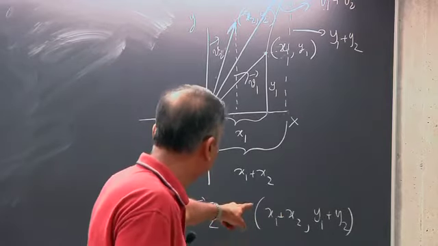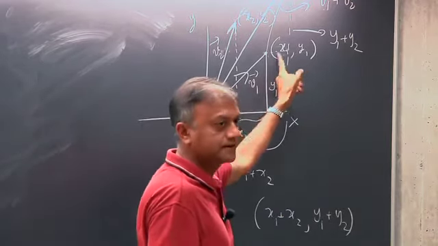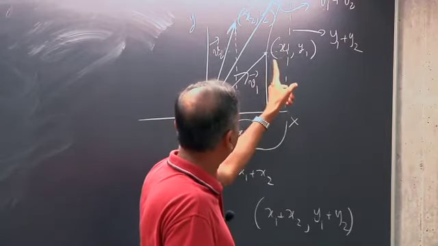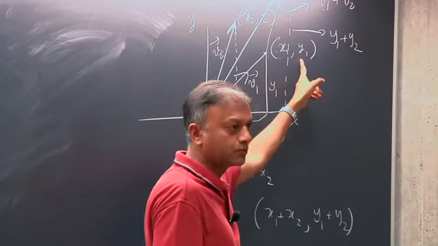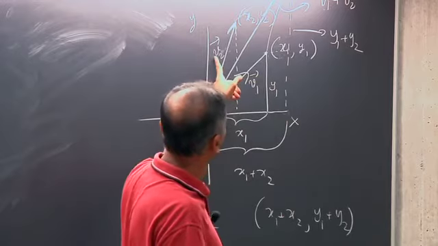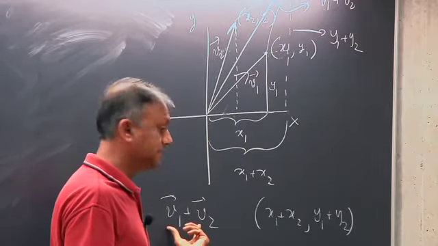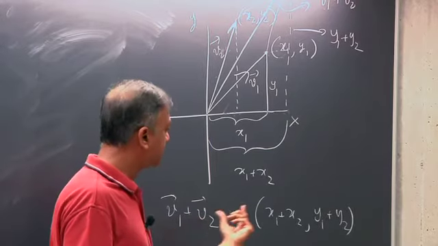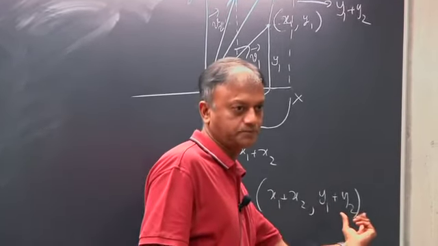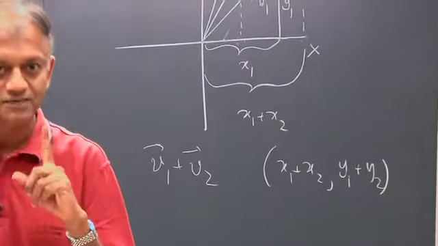These are called the components of the vectors, right? This is the component of the vector v1, x1 and y1 are the components. Similarly, of vector v2, x2 and y2 are the components. Then the sum of the two vectors, v1 plus v2, its components are x1 plus x2 and y1 plus y2. Okay. So, this is one notion.